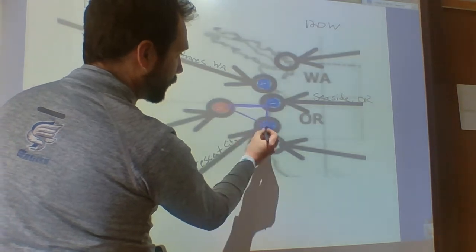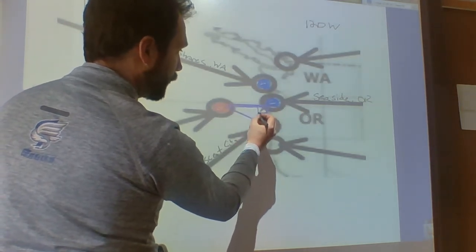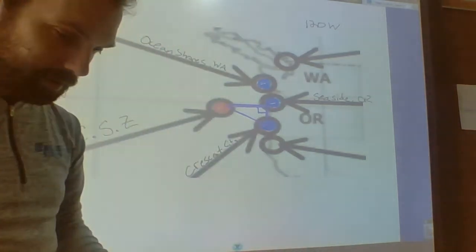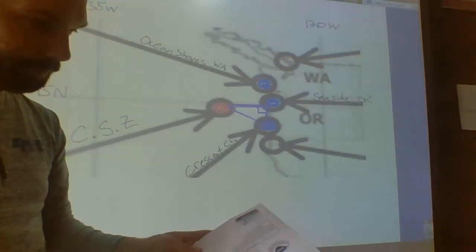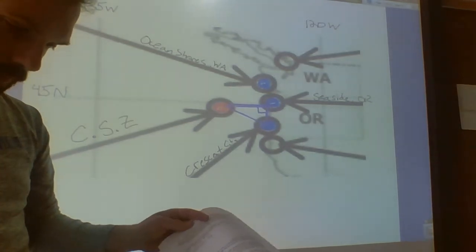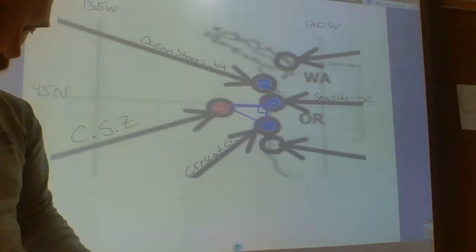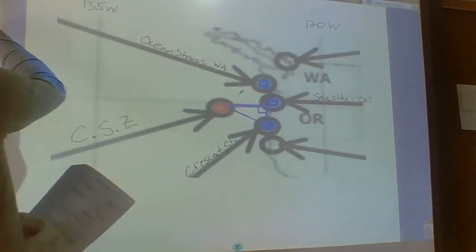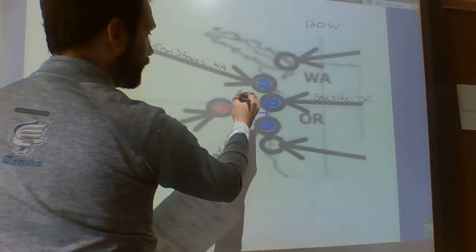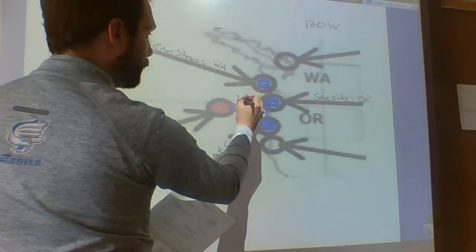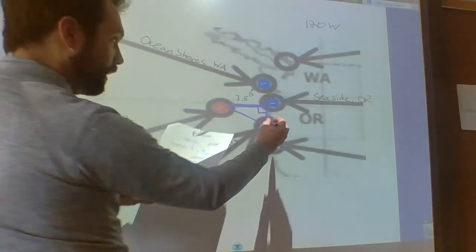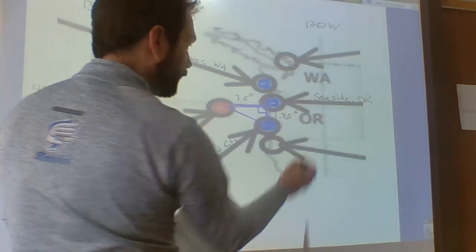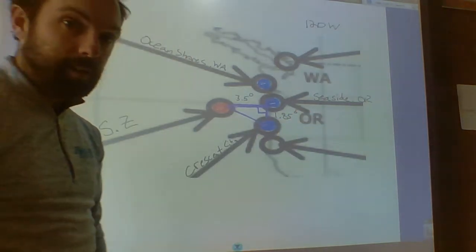We made a right triangle right here, okay? And by my estimations, I estimated that this side was about 3.5 degrees, and this side was about 1.85 degrees, okay?